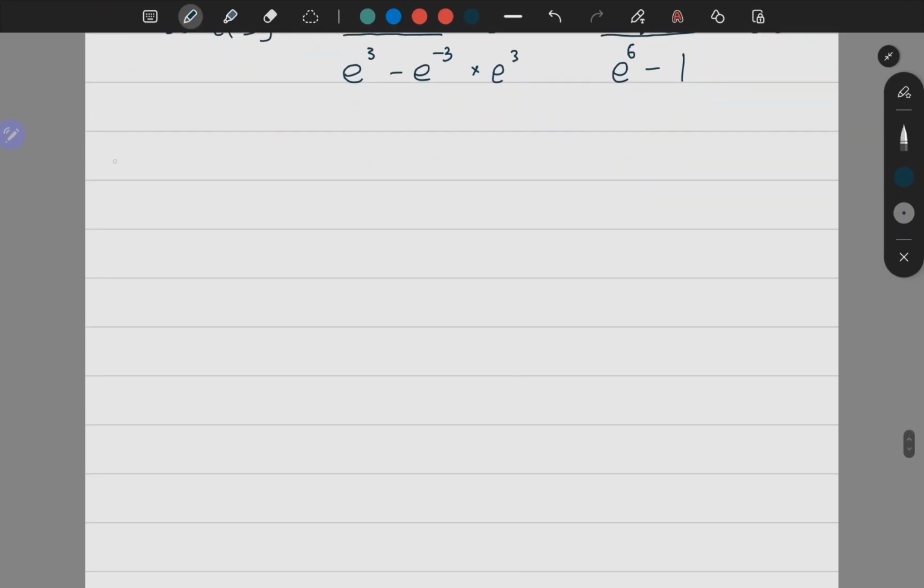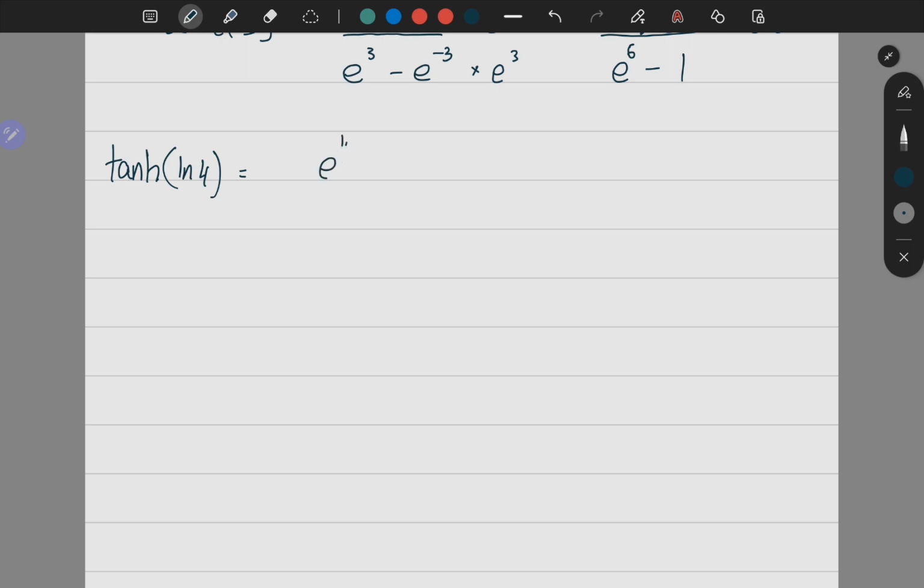Now you can do that for tan. Let's try another one. Tan of ln 4. Right, now if I write this out, what is it actually going to show as, in terms of e?